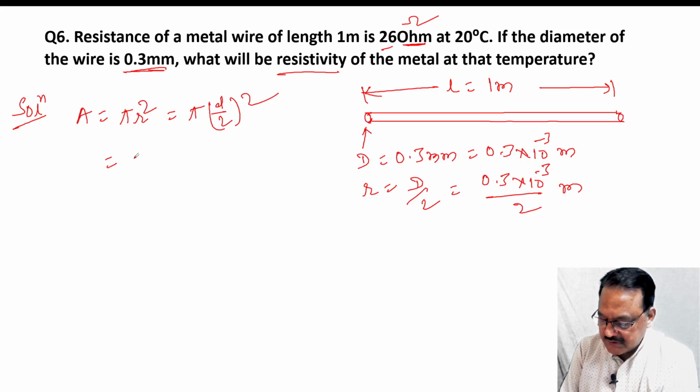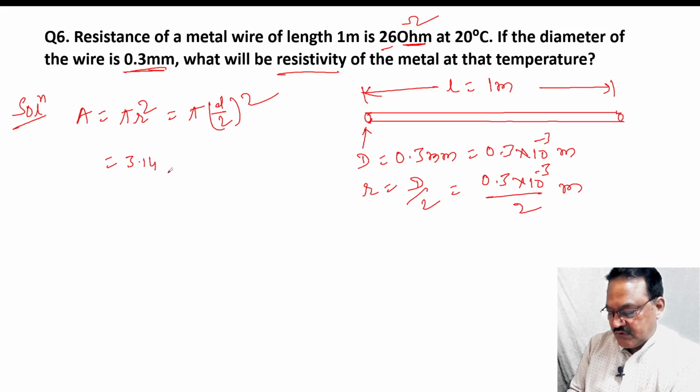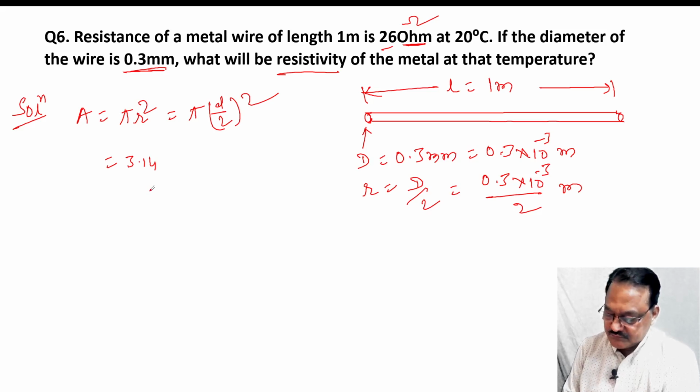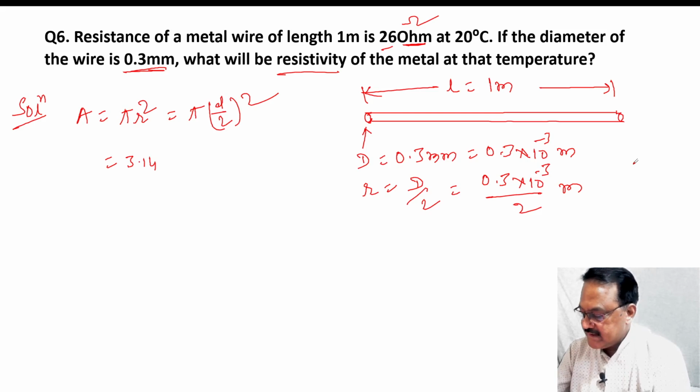So pi, how much is given? The value of pi is 3.14. We can write down here directly, because pi is 22 by 7.